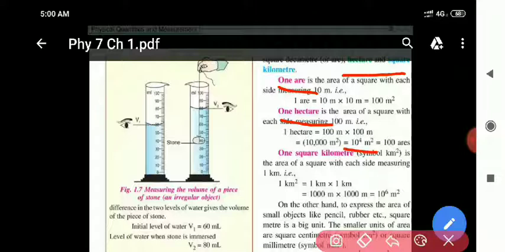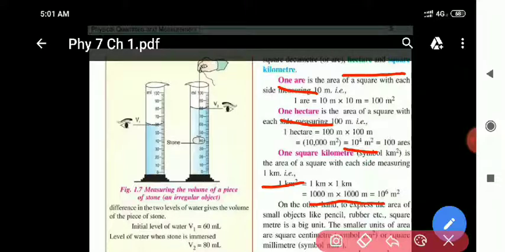That is 100 acres. 1 square kilometer is the area of a square with side 1 kilometer, that is 10 raised to power 6 meter square.